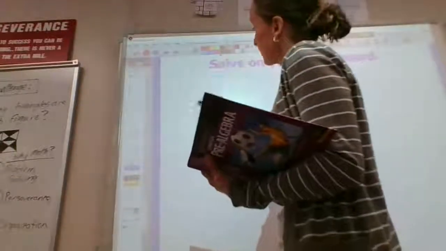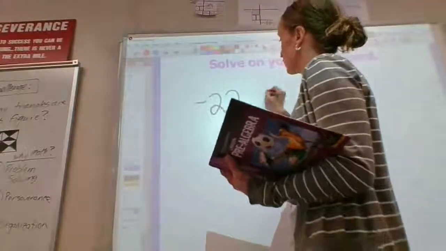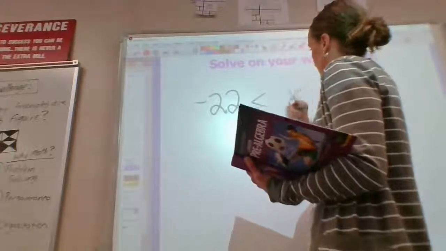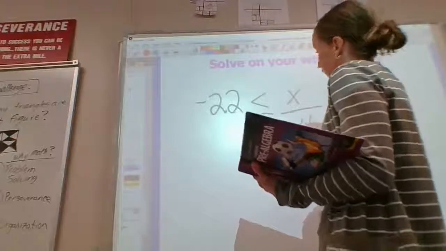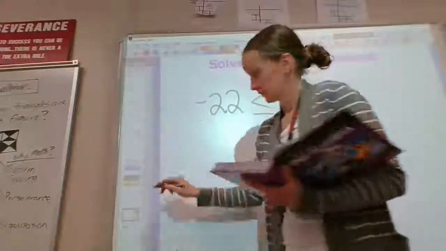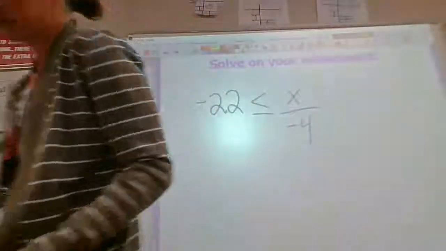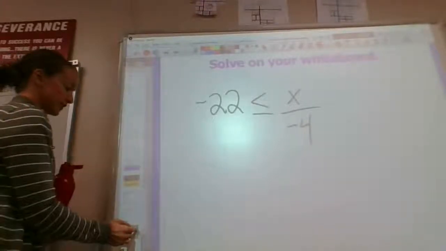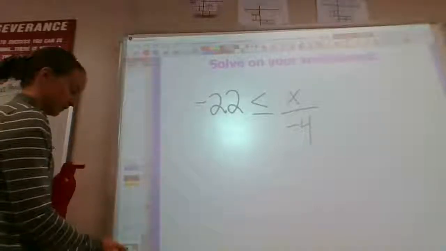Solve this on your whiteboard. Negative 22 is less than or equal to x over negative 4. Show me all your work on your whiteboards. Okay, go for it.